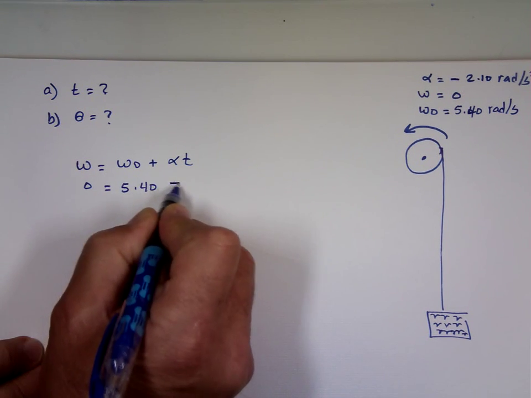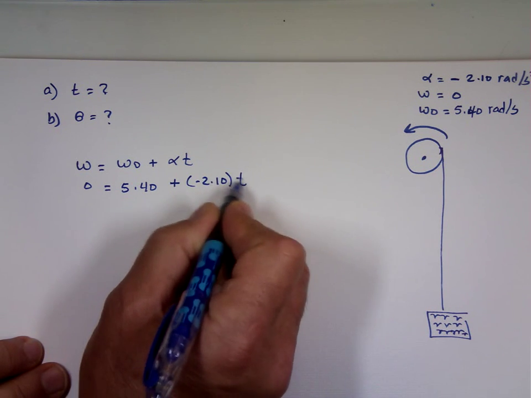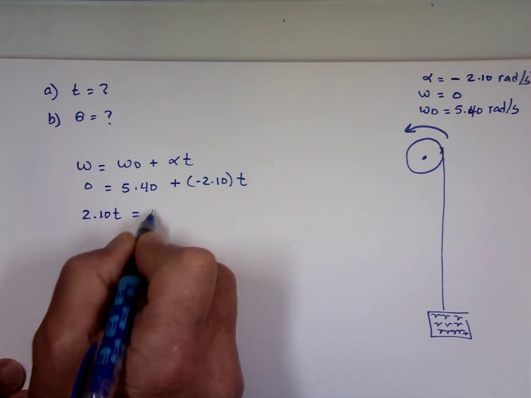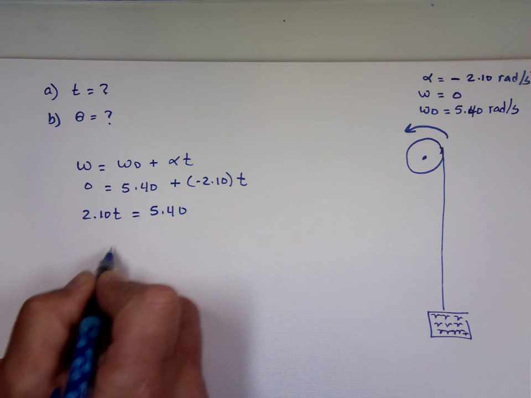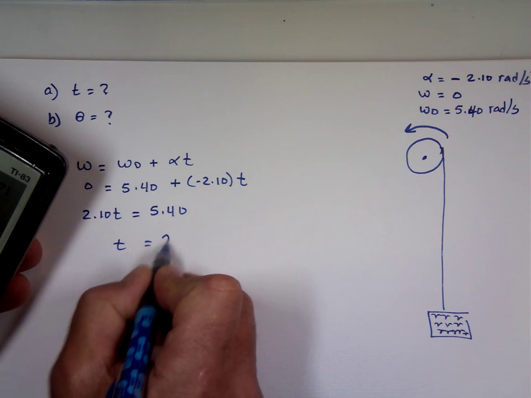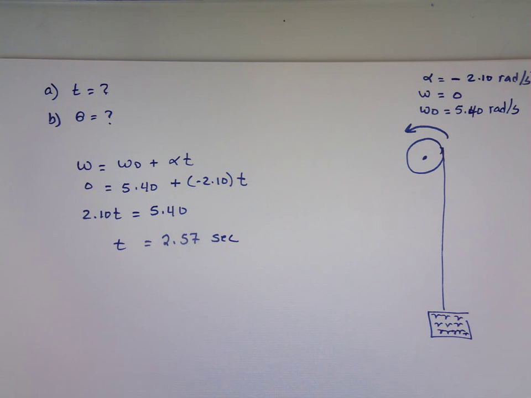Alpha is negative 2.10 times T. 2.10 T equals 5.40. Time will never be negative. That's one way to know if you put the right values there. T is 2.57 seconds. That's the time.